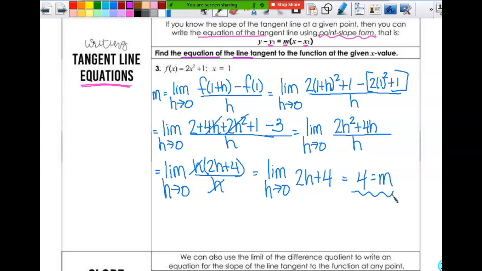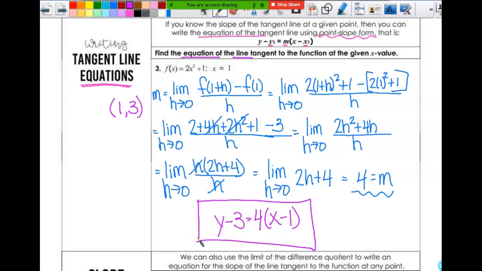Okay, so I need the slope, and I need an ordered pair. I know my x value is 1. What's my y value? 3. And it's a positive 3 because this is minus the f of 1, or you can just calculate it. But that's my ordered pair, right? So when I go to write my equation, it's y minus y1, which is 3, equals m, which is 4, times (x minus x1), which is 1, and then I am done.